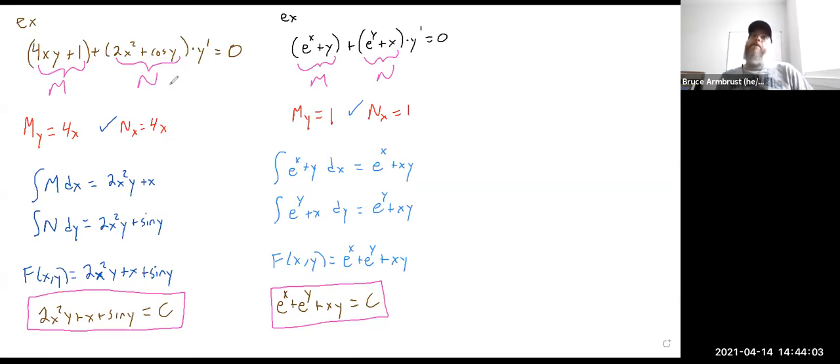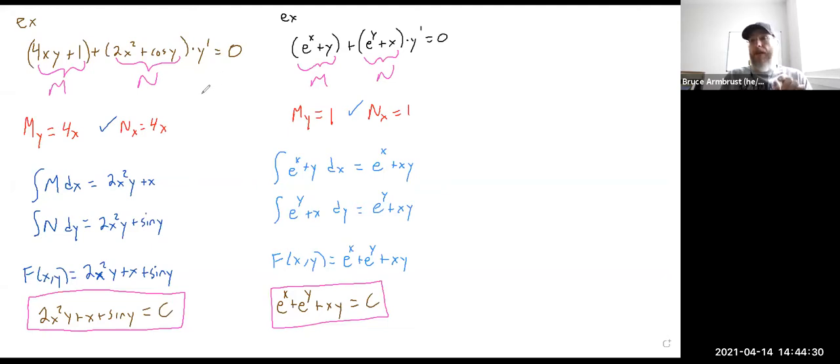Or maybe a better way of saying it, again, I don't know if you remember this, but back in the day when we were looking at line integrals and work and all that, one of the forms was what we called the differential form for the field. And the differential form of the field is the differential equation, basically.